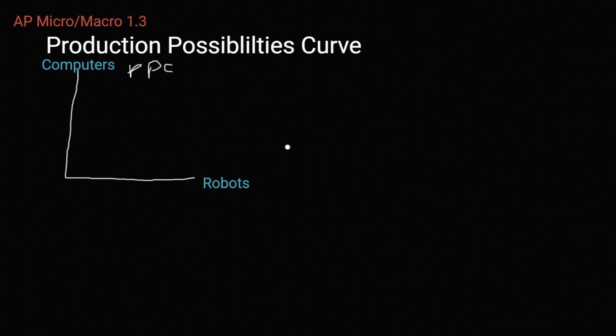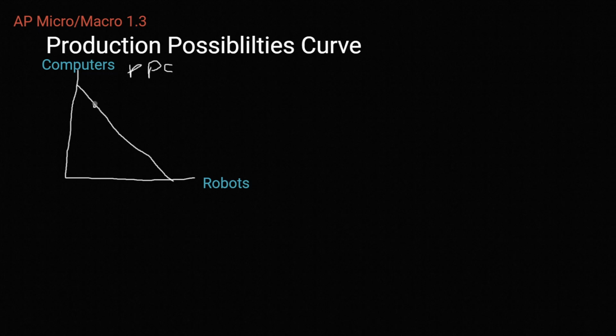So if someone says, draw the production possibilities curve for robots and computers, this is what you would do. And they would probably say with a constant cost, or a constant opportunity cost. This is what this means, the linear slope.